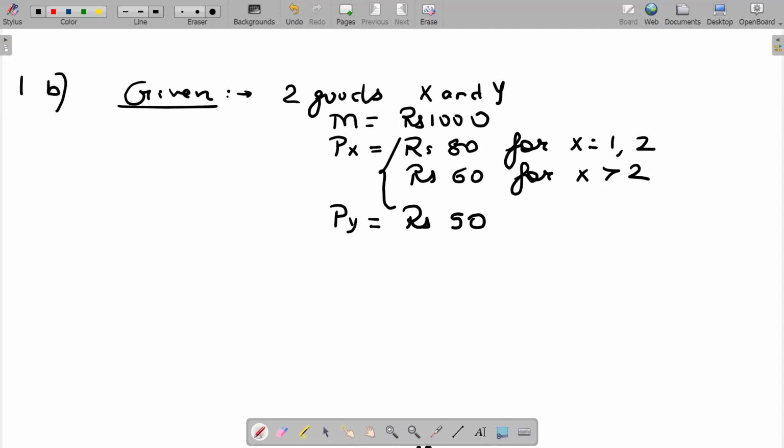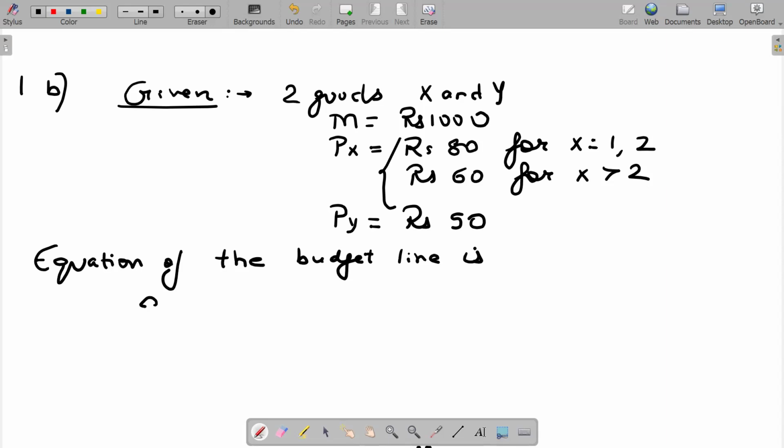Okay. So how do I find the equation of the budget line? I can write the equation of the budget line is: for the first two units, the consumer is going to pay 80 rupees for good X. The consumer is going to pay 60 rupees for units of good X in excess of 2 units.